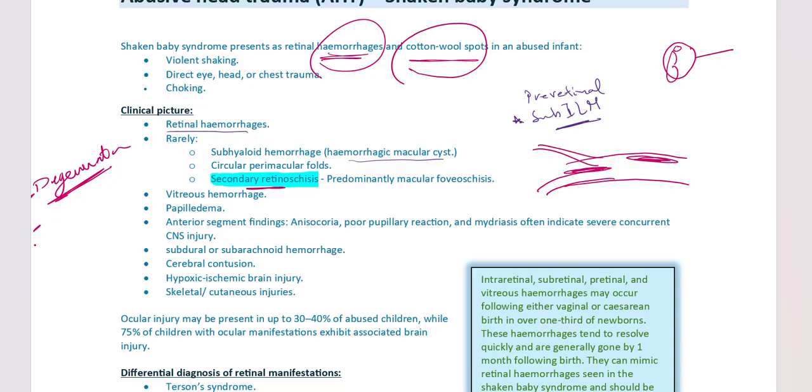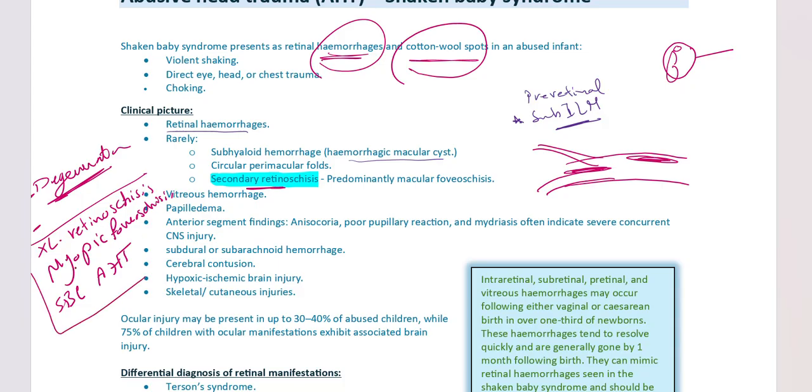But these are the causes of retinoschisis: the X-linked retinoschisis, myopic foveoschisis, and shaken baby syndrome or abusive head trauma retinopathy. All these lead to secondary retinoschisis in the fovea, in the posterior pole.